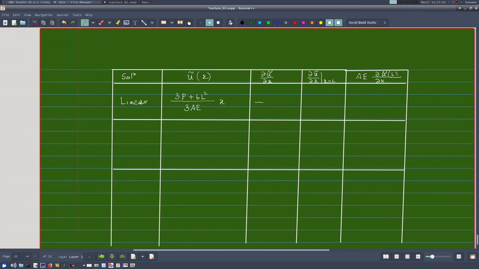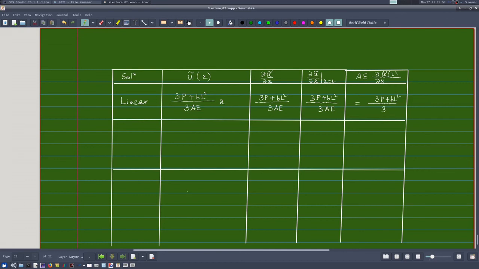So del u del x is obviously thrice p plus bl square by thrice ae, and since it doesn't depend on x, it's a constant, so this will be the same value, thrice p plus bl square by thrice ae, and when I multiply it by ae I get p plus bl square by 3.